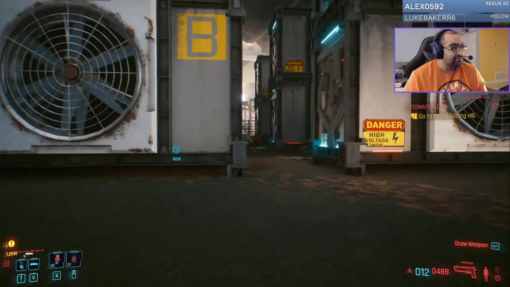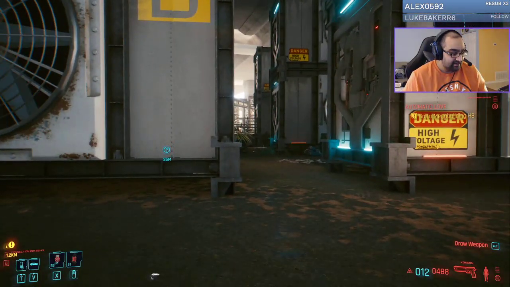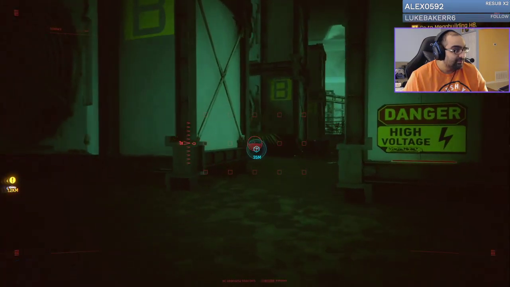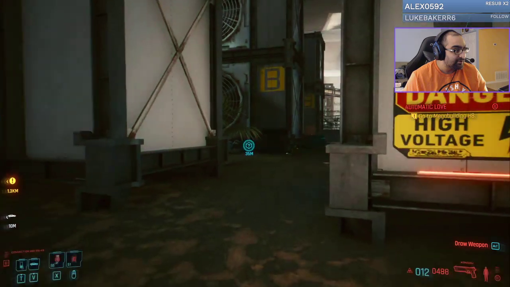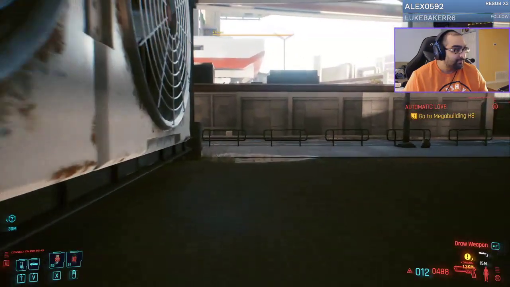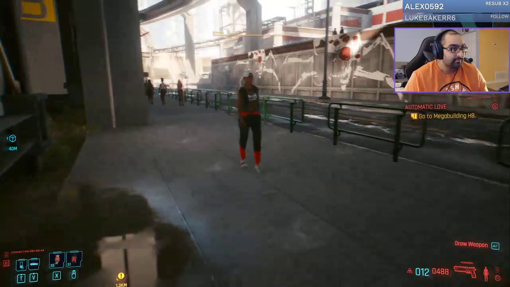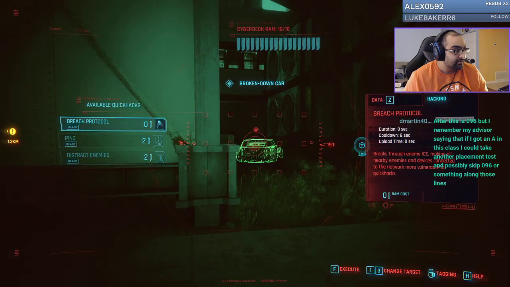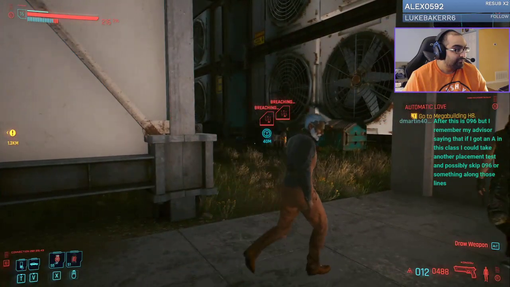Well, I'm at level 16. All I have to do is kind of sneak around a little bit if I can sneak. See if I can find something to ping here. You know what? Going around is probably a bit better. Get a better vantage point from here. Let's ping.